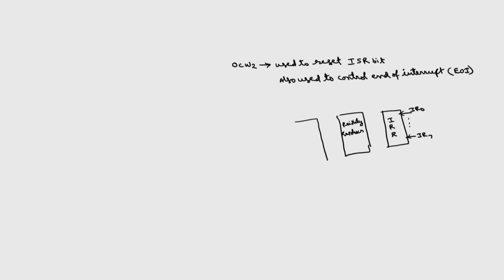Then we have the in-service register, ISR. Of course, here we have the interrupt mask register also. So once a particular interrupt, say IR0, is serviced, how do we represent the end of the interrupt?